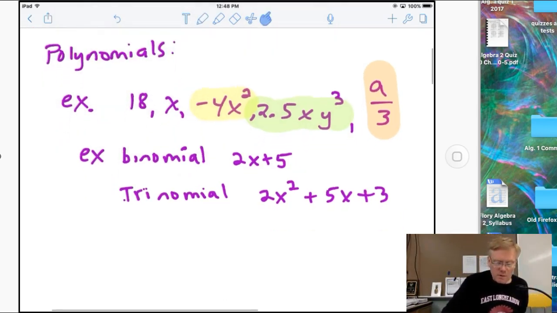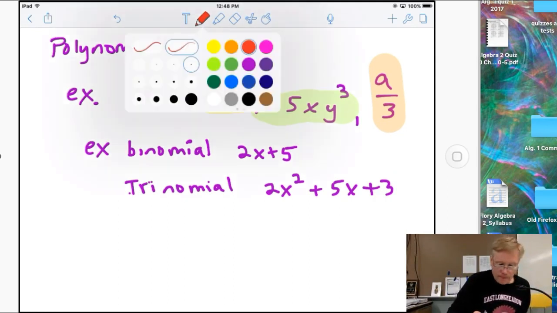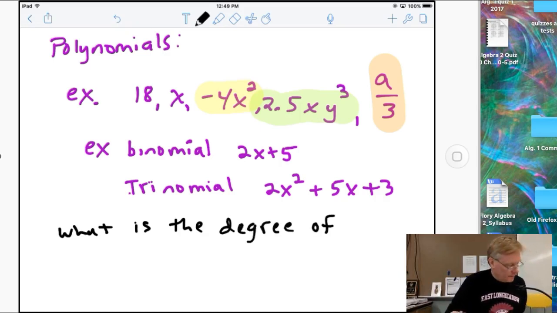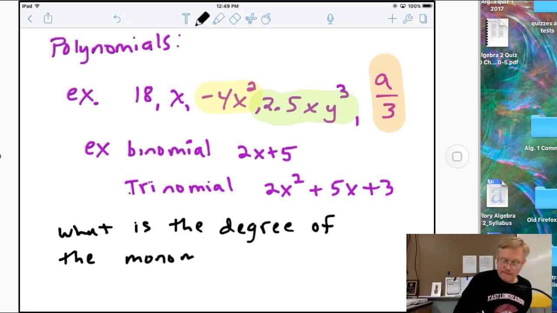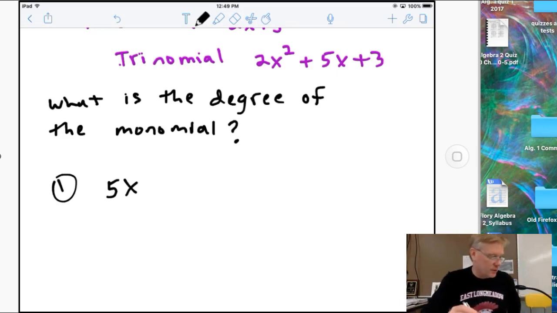Okay, so the first thing I'd like to do is talk about the degree of a monomial. What is the degree of the monomial? And the first one is 5x. So the degree has to do with the sum of the exponents of its variables.